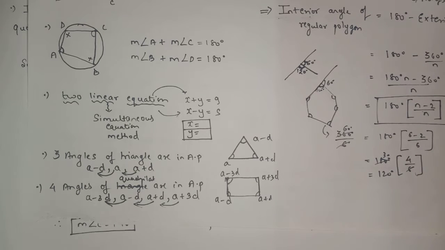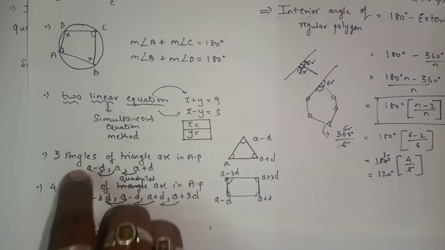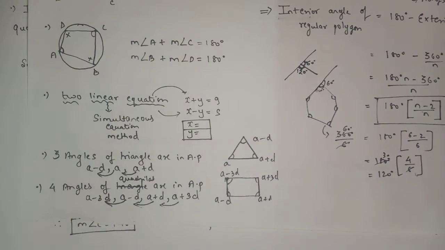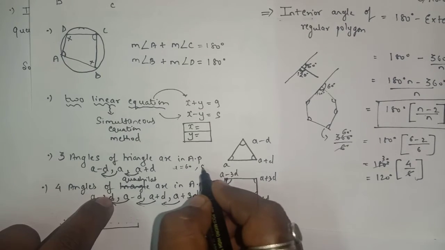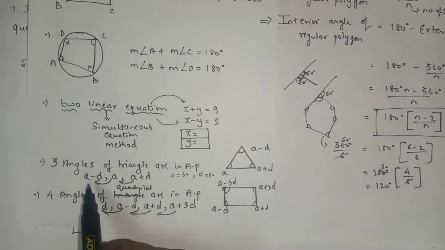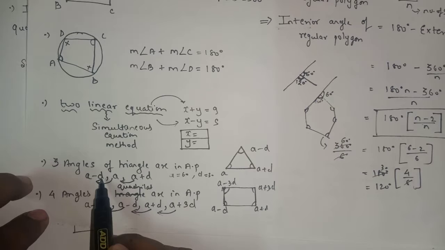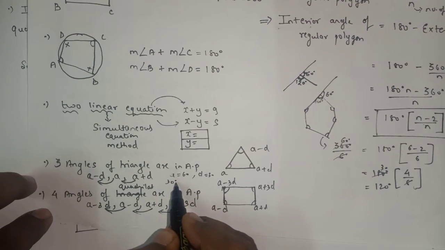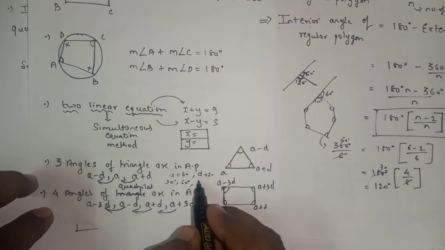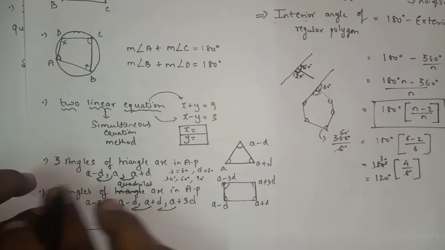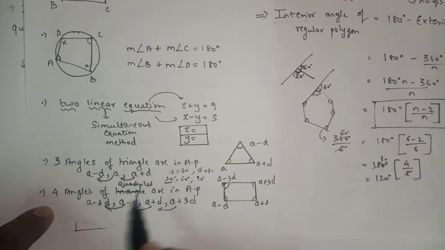Suppose, for example, we consider a as 60 and d as 30. So here what you will get: 60 minus 30, 30. Then a is 60. Then 60 plus 30 will be 90. Here clearly we can see that the first angle is smaller.